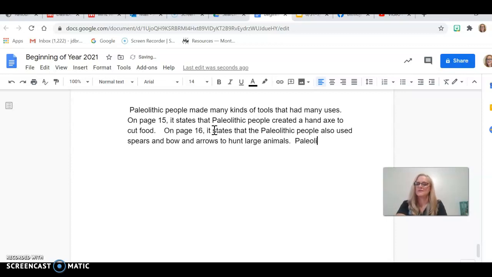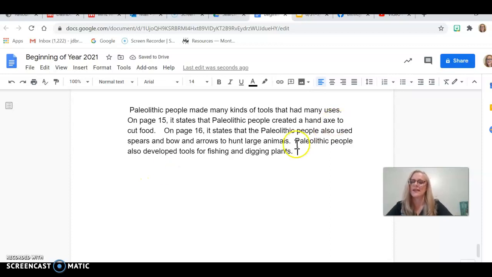Paleolithic people also developed tools for fishing and digging up plants.